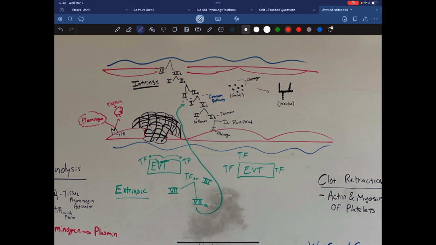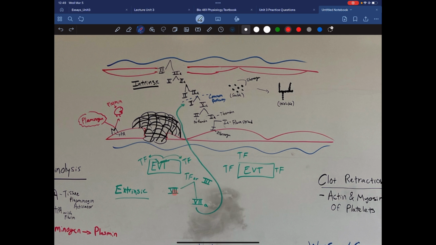And once we have the 10 activation, that's when it becomes the common pathway. The reason it's the common pathway is because if you look over here at the extrinsic pathway, this is extravascular tissue, and if it is damaged, it will release tissue factor, or number 3.